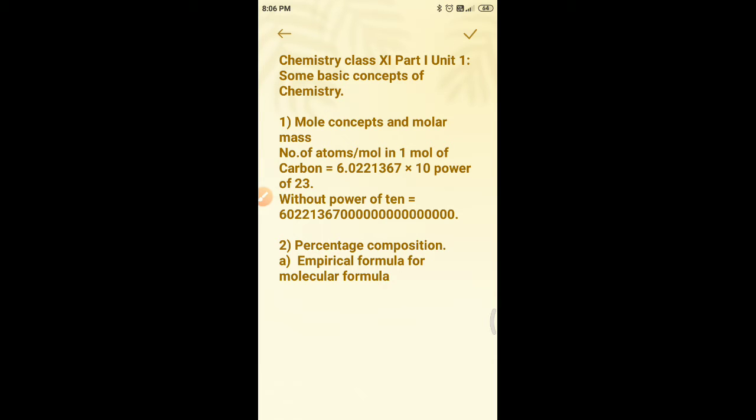So now we should know about percentage composition. So far we were dealing with the number of entities present in a given sample, but many times information regarding the percentage of a particular element present in a compound is required.